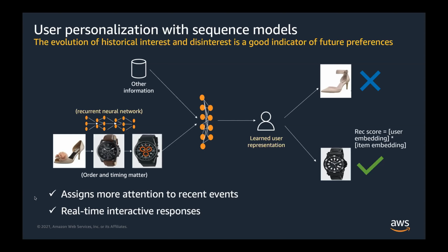This is where the timestamp comes in: we're able to create sequence models on user interactions over time to understand a user's current intent based on what they were interested in earlier. It basically assigns more attention to those recent events, and that's where the real-time recommendations come in. That's combined with other information we know about the item or the user, and that turns into a learned user representation where we're able to recommend the most relevant item to that user.